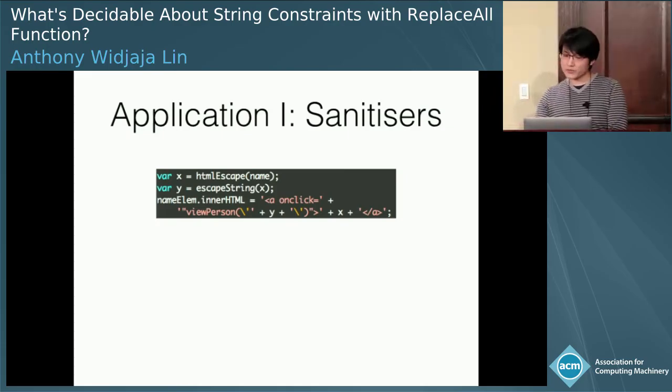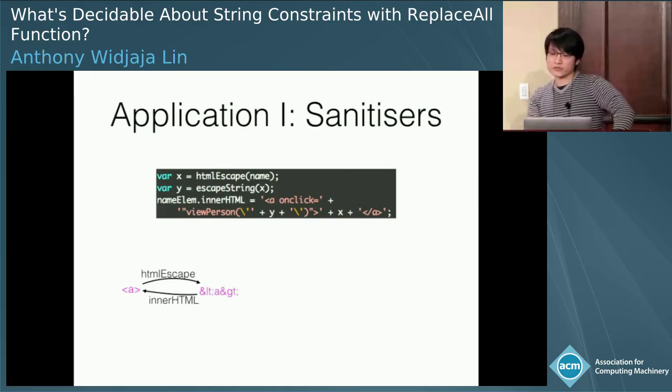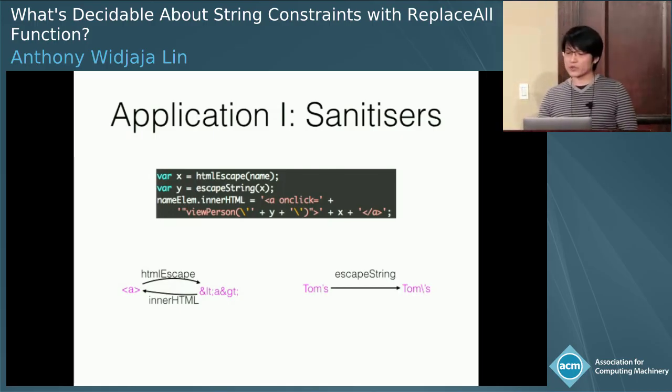So for example, in this piece of code here, HTML escape converts the string on the left to the string on the right, by simply converting them to the corresponding HTML characters. The inner HTML does the reverse operation. And what about escape string? This is something that you've seen as well. It simply uses a backslash to escape single and double quotes in the input. So you can see here, the single quote gets the backslash there.